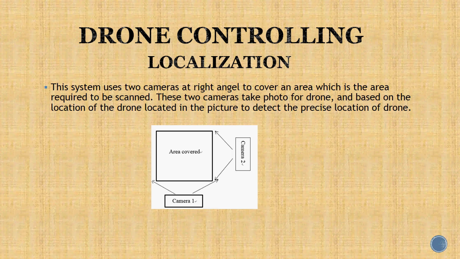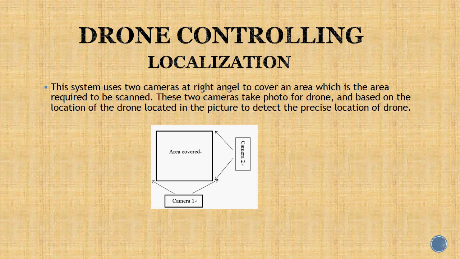Now let's move on to the second part, drone controlling. First of all, we need to do localization for the drone. Although there is a GPS system on the drone, it's not precise, and we need to develop a more precise, better system for the drone.